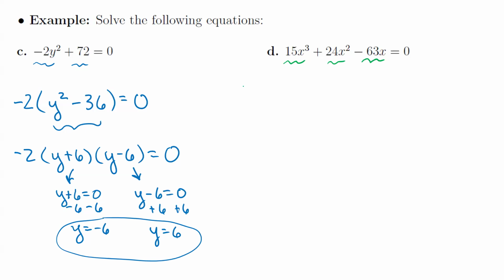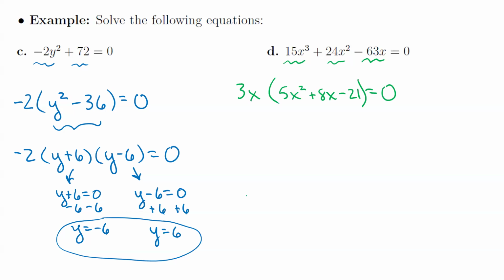So each term shares a common factor of 3 and a common factor of x. So that leaves us with 5x squared plus 8x minus 21 equals 0.